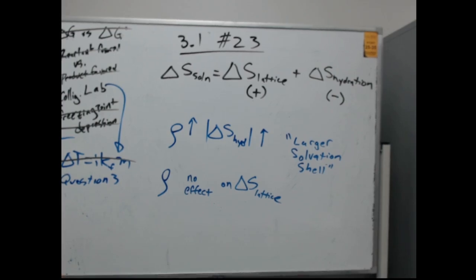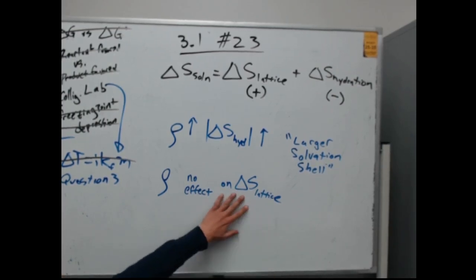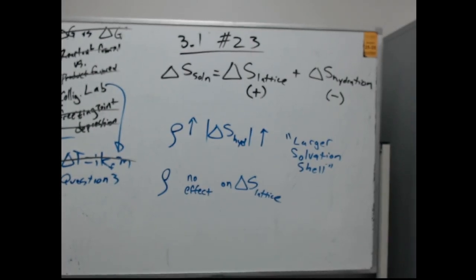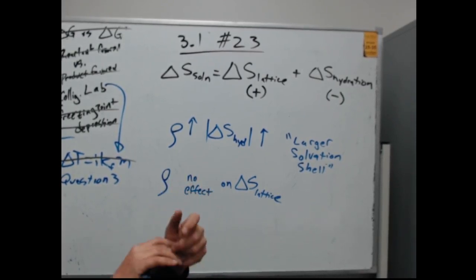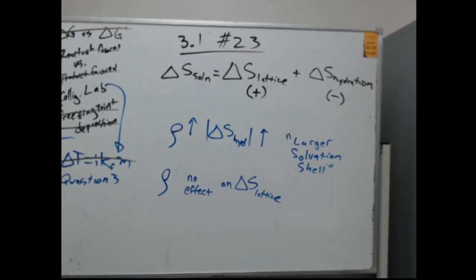Because when we're looking at this lattice idea, the delta S of the lattice is just the delta S of the lattice, right? If I've got 1,000 ions that are all stuck in a rigid structure, and then I've got 1,000 ions that can all tumble around, it doesn't matter if they're plus 1s or plus 2s or plus 4s or plus 6s. It's just rigid versus tumbling.